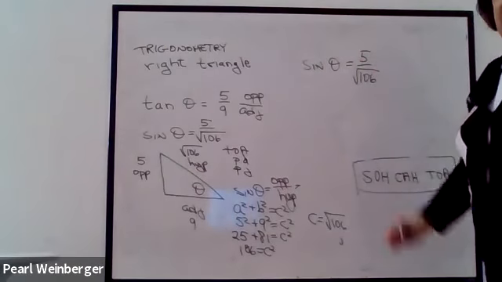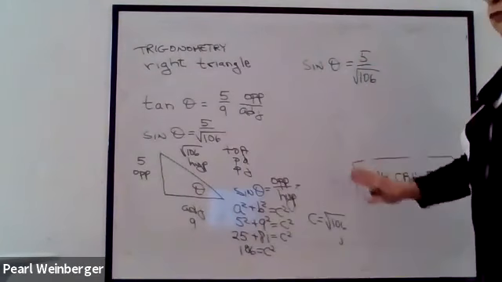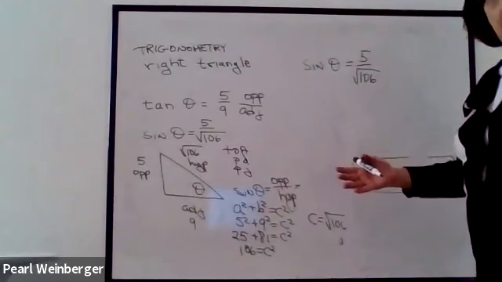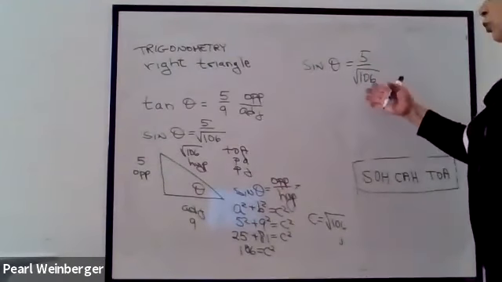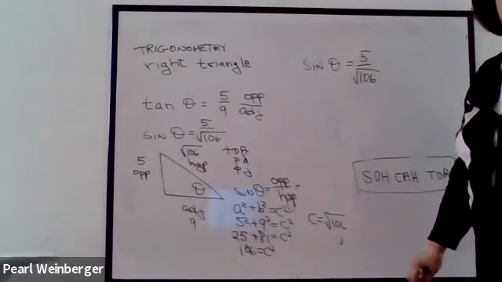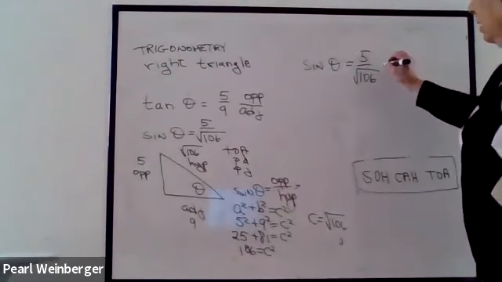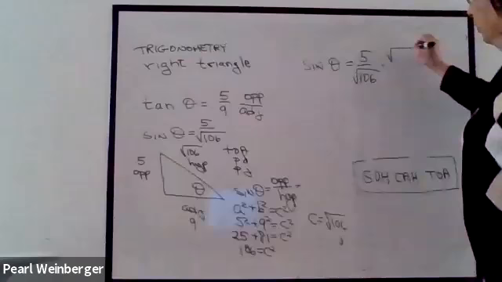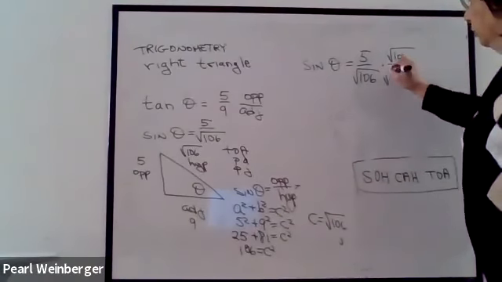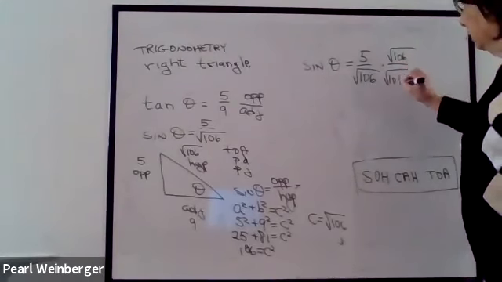This is an exact answer in radical form. Sometimes they want the answer in radical form. If they do, they want it without the radical in the denominator. Remember, we have to rationalize the denominator. So I would have to multiply the numerator and the denominator by the square root of 106.